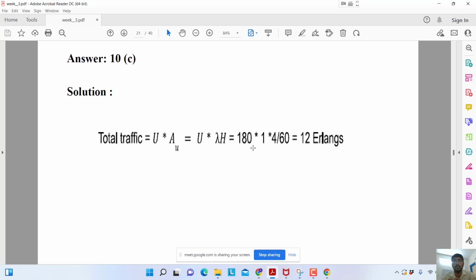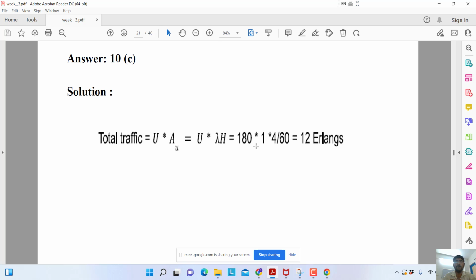Call holding time is 4 minutes. So in hours it will be 4 by 60. So total traffic per user is 1 into 4 by 60. That is A_U for one user. To calculate the total traffic, we just multiply by the number of users, and the total number of users is 180.